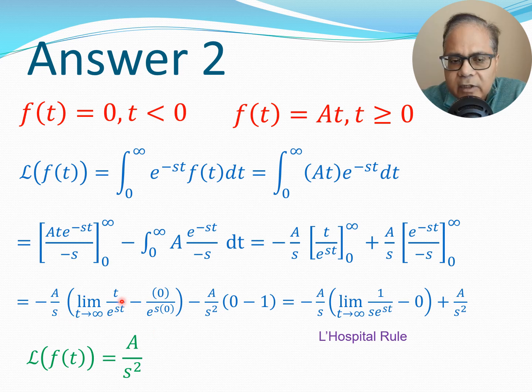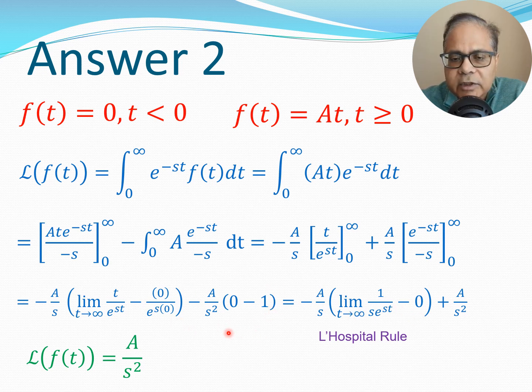So I can say limit as t tends to infinite, t divided by e to the power st minus 0 by e to the power s0, because the second part is quite easy to calculate. Now of course here you are going to get 0 divided by e to the power 0, which is 1. So this is going to be simply 0 here. That is, this term here is going to be 0.